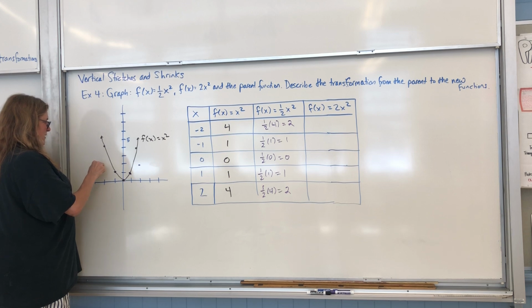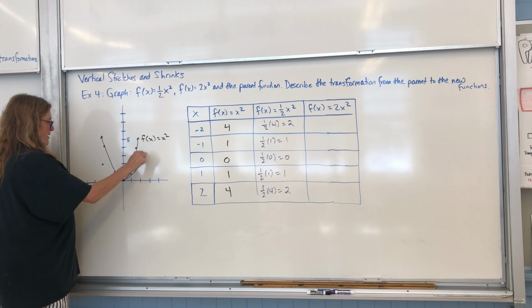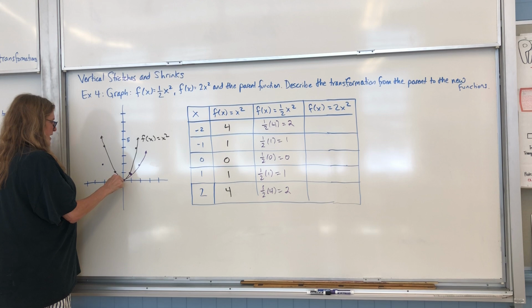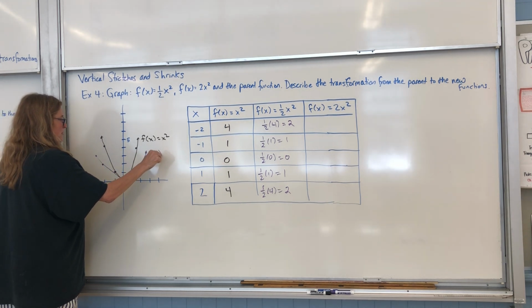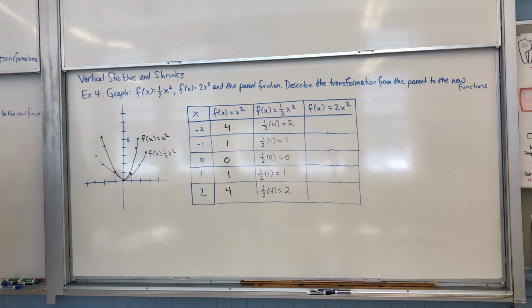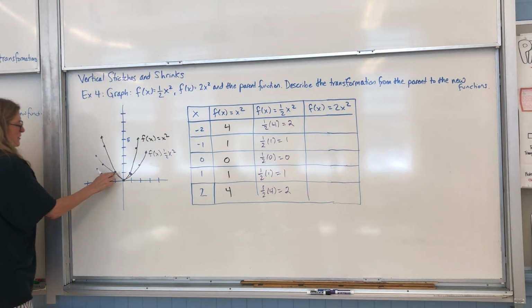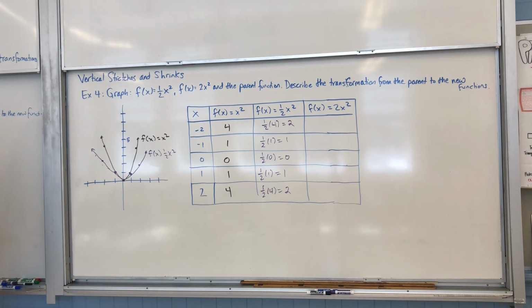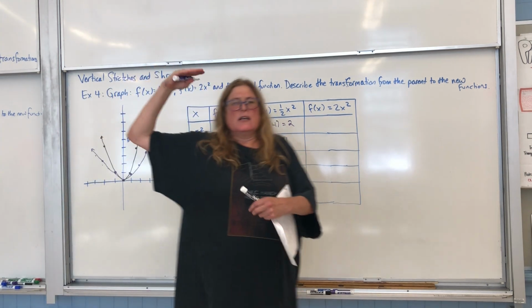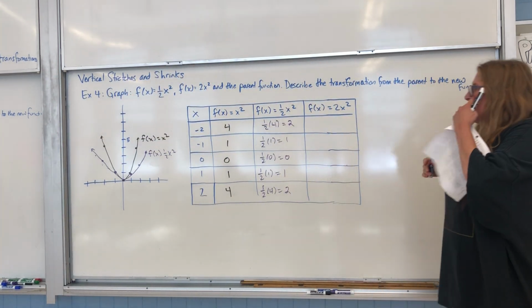Okay, let's notice something here. This is f of x equals 1/2 x squared. So what do you notice about that? Sorry, this is not a very pretty picture. Well, if you notice, it's flatter than the parent. It's like someone took a trash compactor and compacted it down.